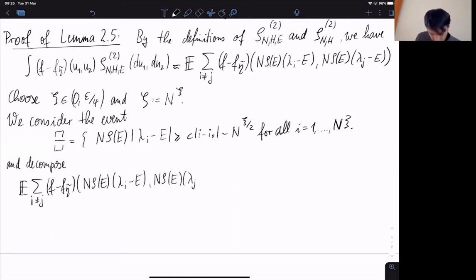I'm sorry, what is I0 here? Yes, sorry, this I still have to fix. Good question. So we consider the event for some I0 and some C. Well, maybe it's better like this.